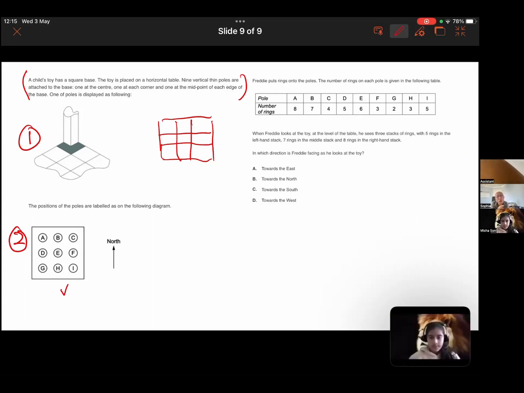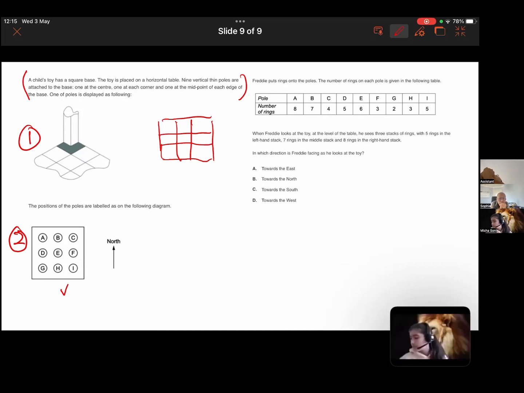Image number one is how it looks when you look from the front. They just give us one example, but we have to understand this pole is not only on the corner, it's on every single small square. It totally should be 9. Okay, then keep reading.